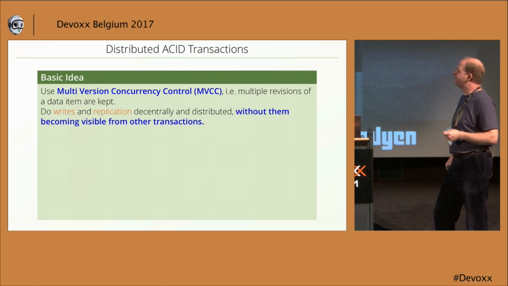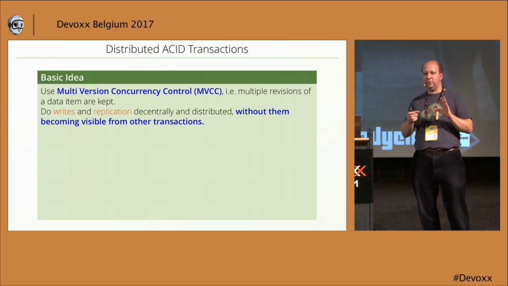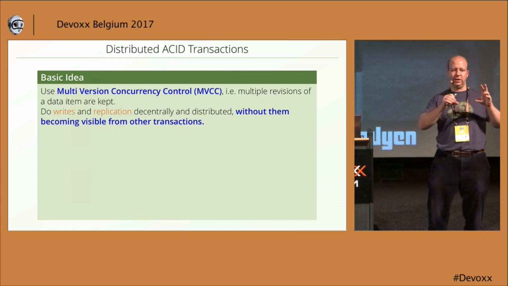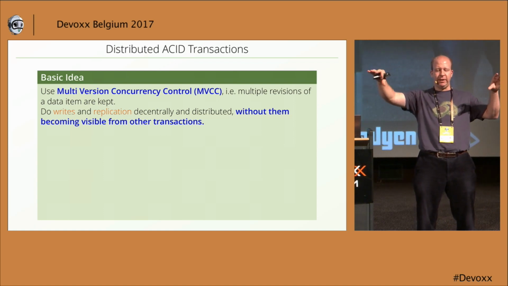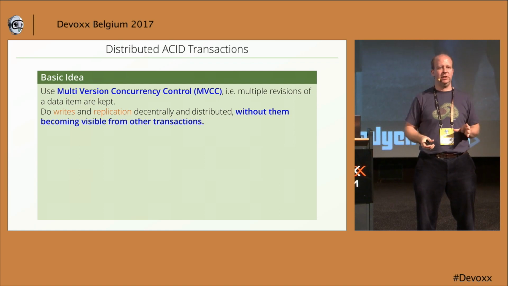That's not too bad. Now, obviously you have replication, and everything happens decentrally distributed. But the fundamental problem is that you now have to organize it such that you do all these changes, they are not yet visible, but then there comes a time when you actually want to commit this transaction. So you have to be able to, in one moment, switch it over and say, now this transaction is committed.